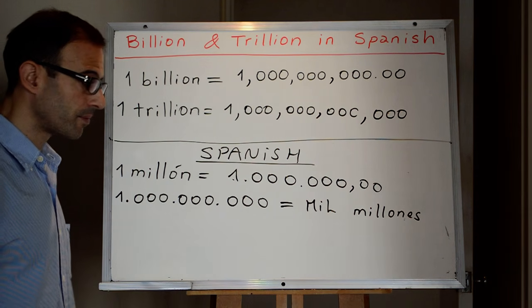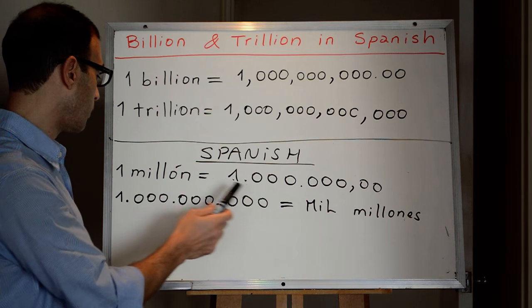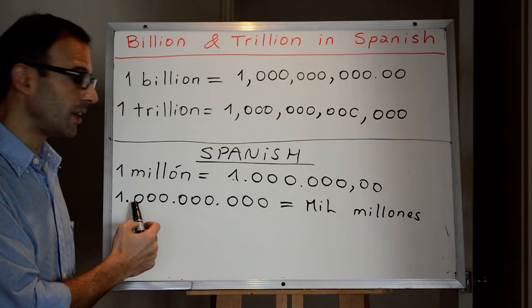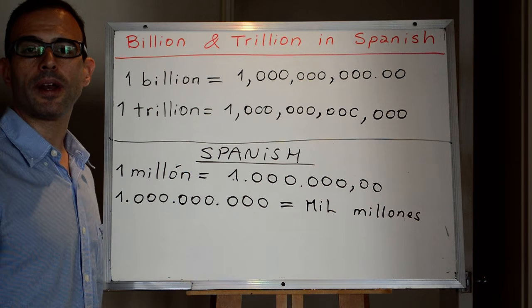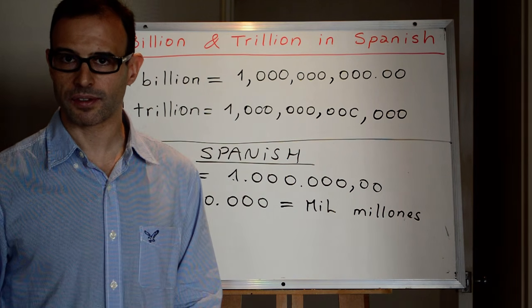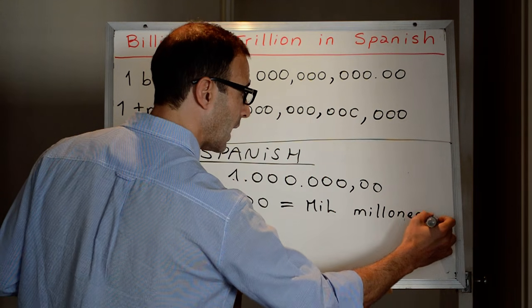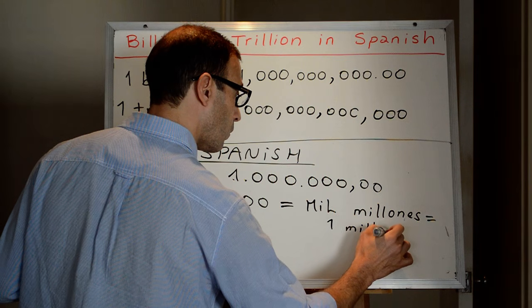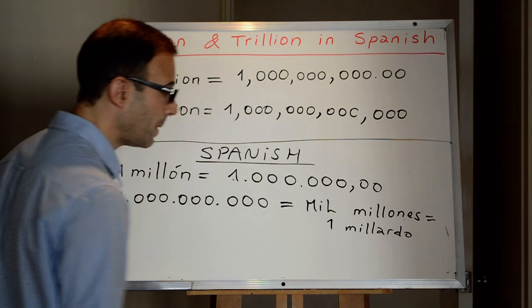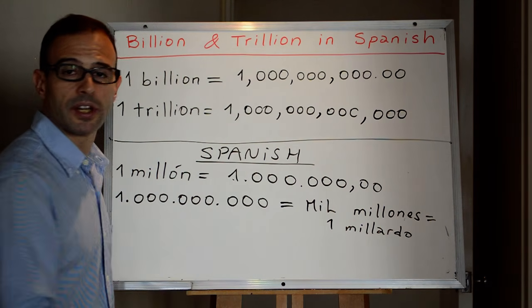Mil millones. Mil means 1,000. So, this in English is called 1 billion. In Spanish it is called 1,000 millions. Okay? It's also called, it has another name, un millardo. Un millardo. Okay?